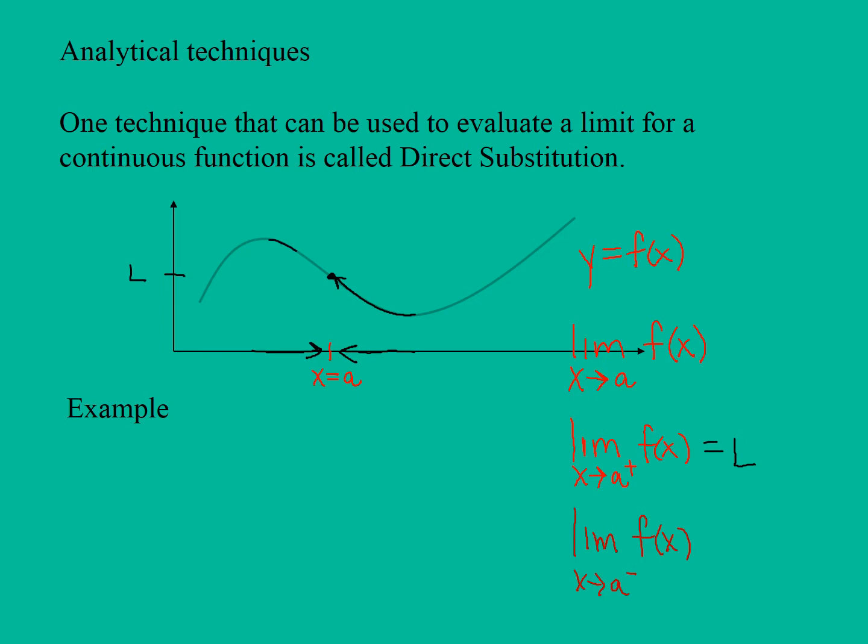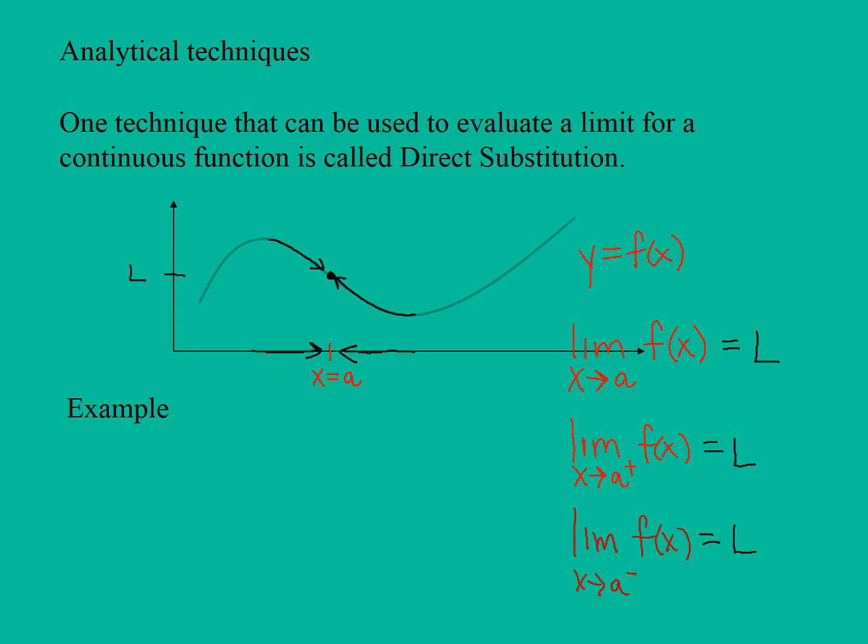Now let's look at the limit of f of x as x approaches a from the left. As we take values of x approaching a from the left, we're going to look at the associated y values.